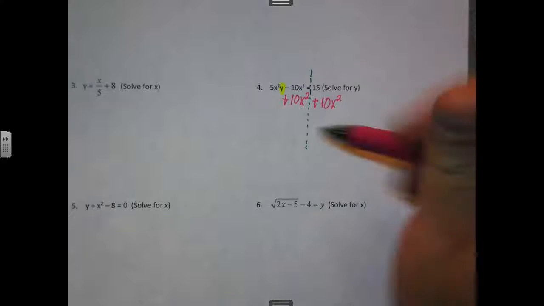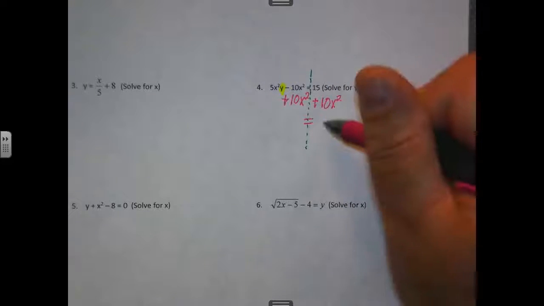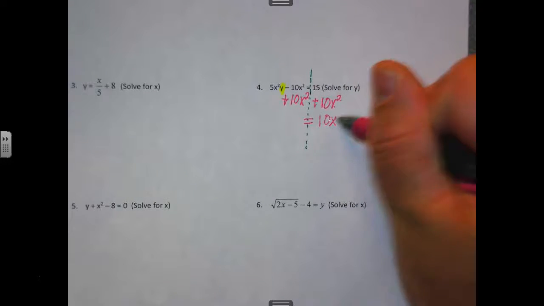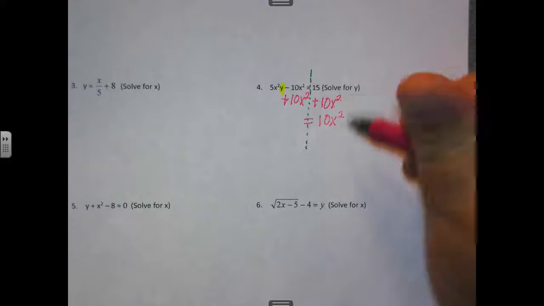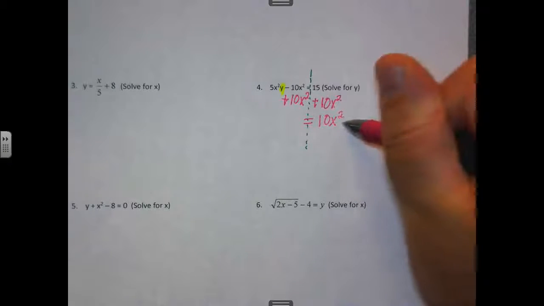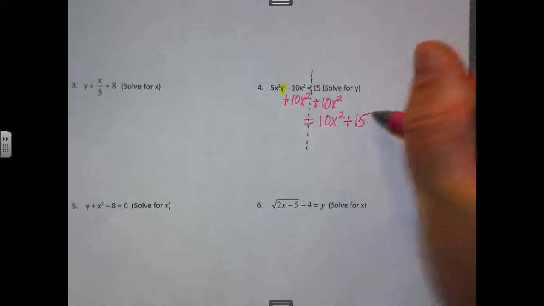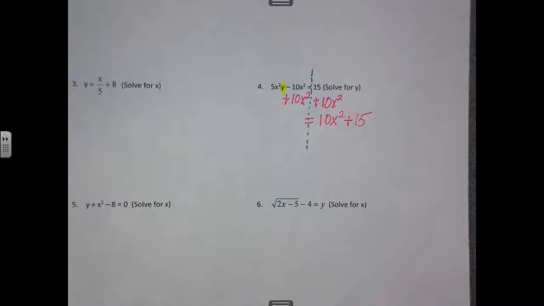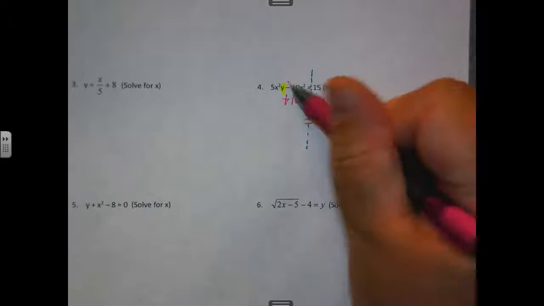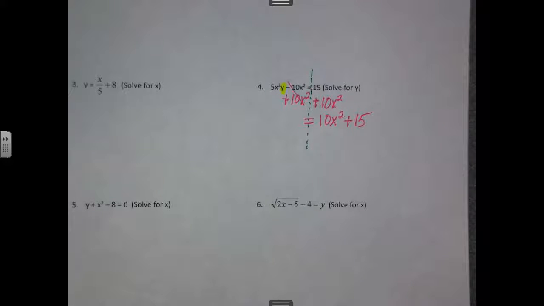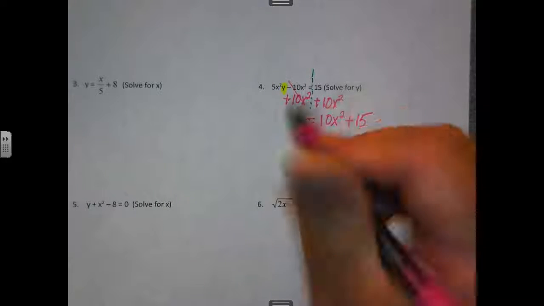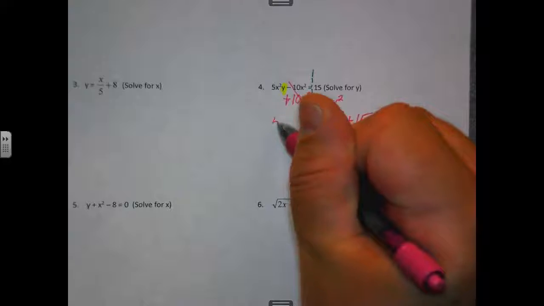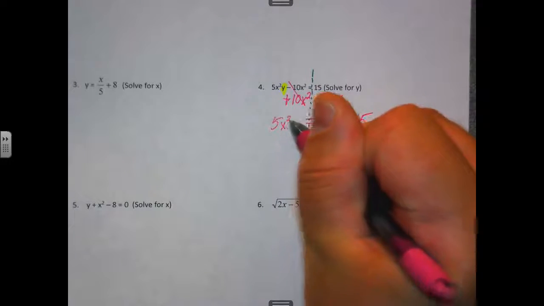So, I have 10x squared plus 15, or 15 plus 10x squared. I don't care, not the purpose of this worksheet. Now, I'm just going to bring this term down. I've got the 5x squared y.